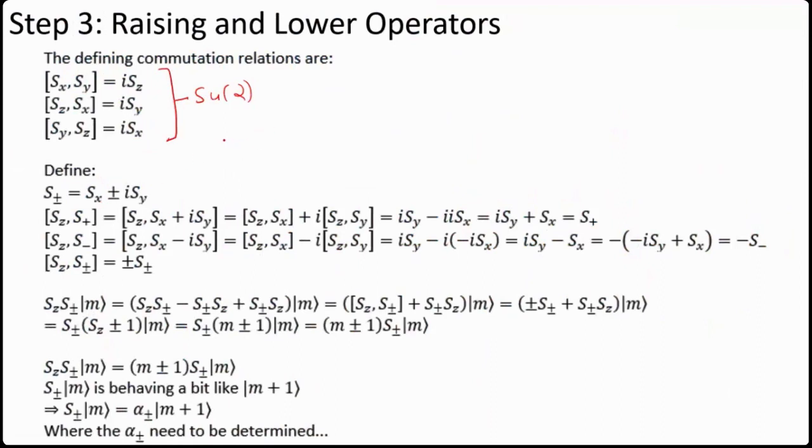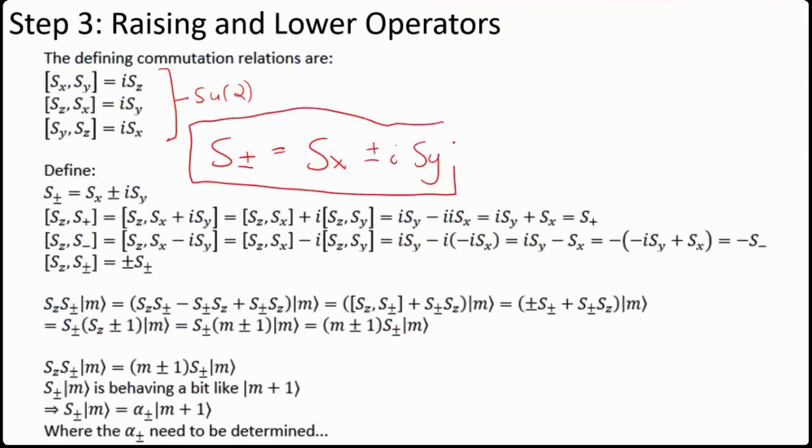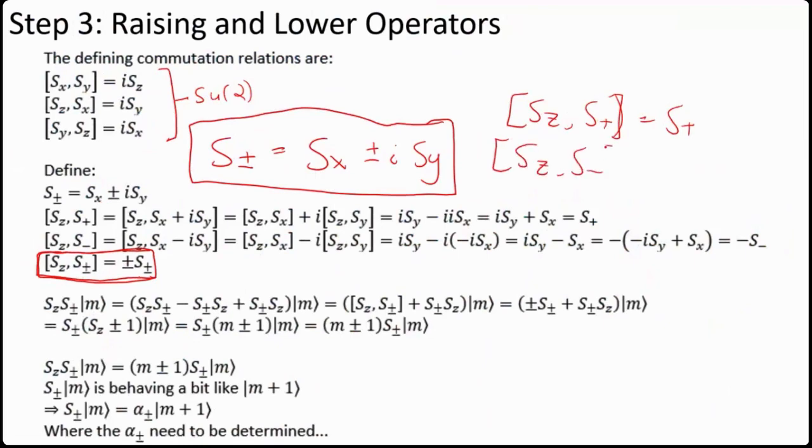And then we define S plus and minus as Sx plus or minus i Sy. So these are the raising and lowering operators. And you can find out that they have this property when we commute them with Sz. Sz commuted with S plus just gives us S plus, and Sz commuted with S minus just gives us negative S minus.